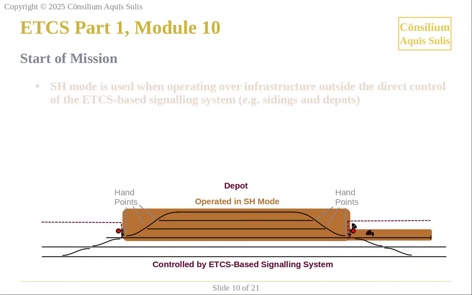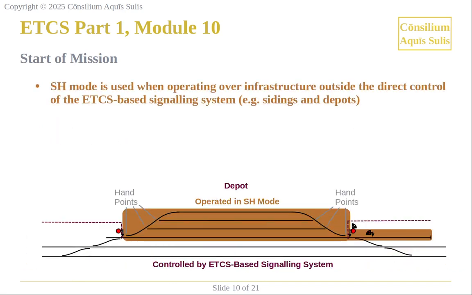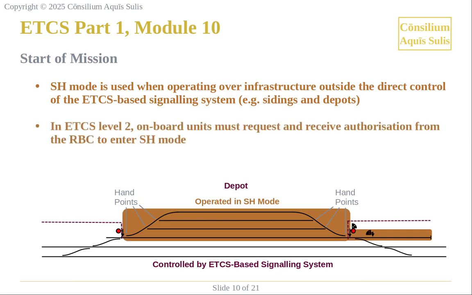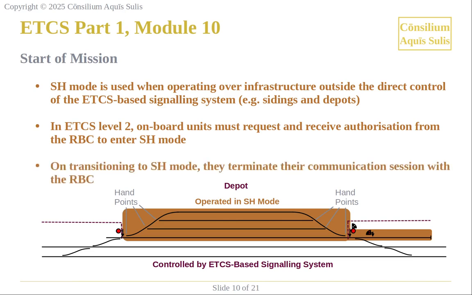Shunting mode is used when operating over infrastructure outside the direct control of the ETCS-based signalling system, e.g. sidings and depots. In ETCS Level 2, onboard units must request and receive authorization from the RBC to enter shunting mode. On transitioning to shunting mode, they terminate their communication session with the RBC.